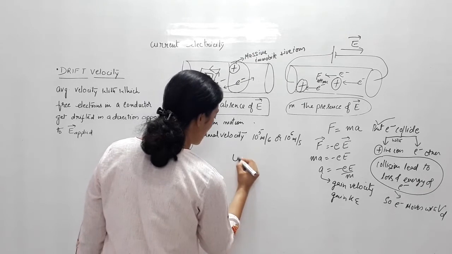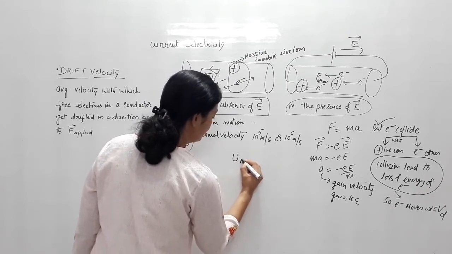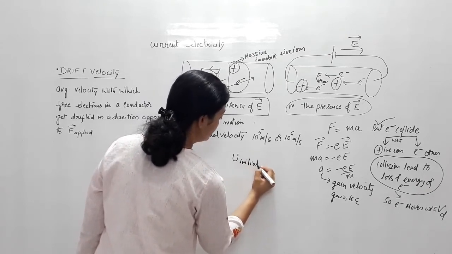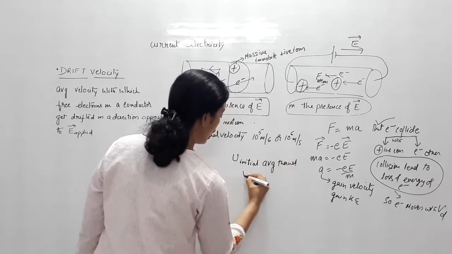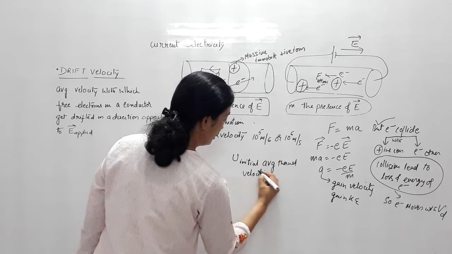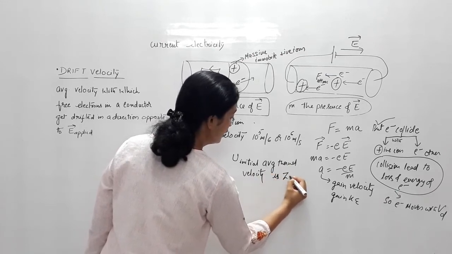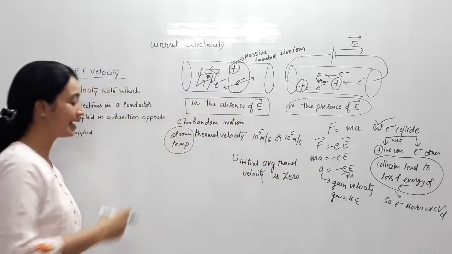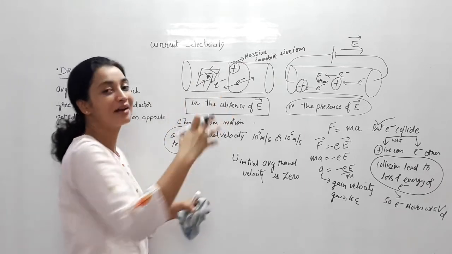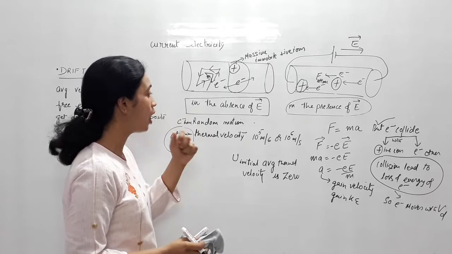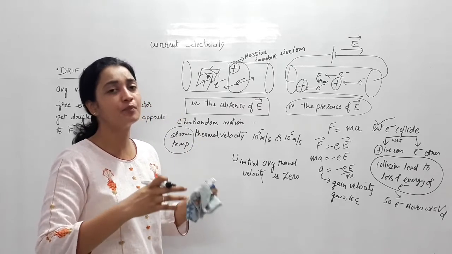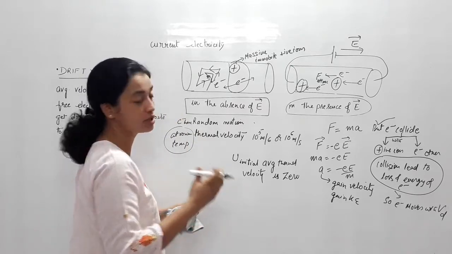Now the initial average thermal velocity is 0. That we have already seen, because the electron is in all random motion initially. Without the electric field, it's in all random motion. So the motion in any specific direction is 0.